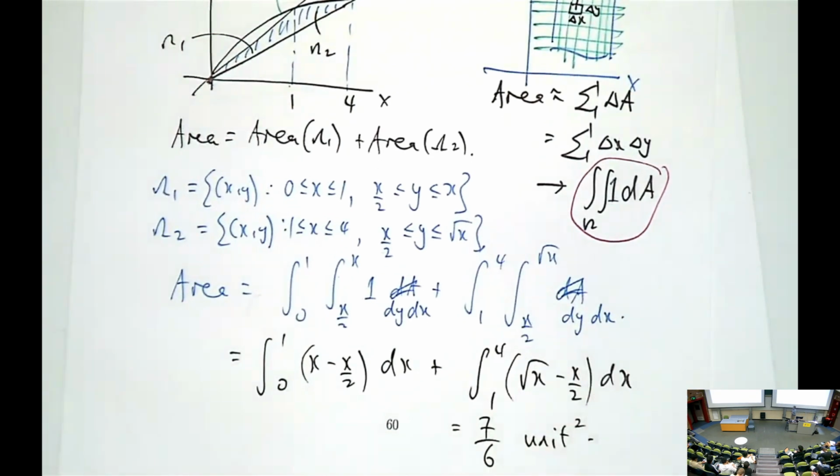It's area, so square units. So there you go. Not a hard problem, but an interesting connection with stuff you already know. Double integrals and integrals between curves are kind of the same thing. You just didn't know it at school.